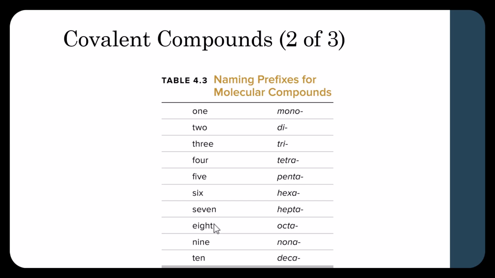For example, if we've got 1 of something, the prefix would be mono. If we've got 5 of something, the prefix would be penta. If we've got 8 of something, the prefix will be octa. This prefix will tell the viewer how many of each atom we have.